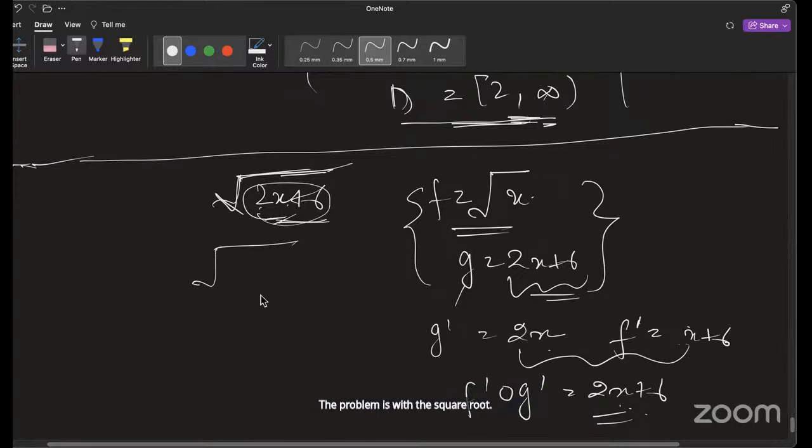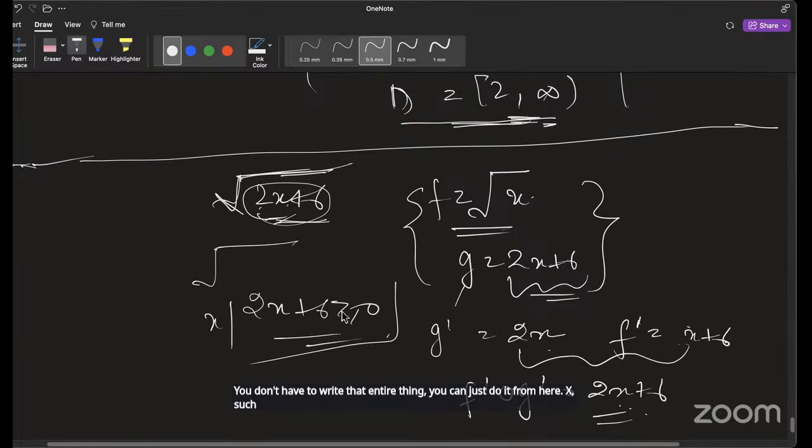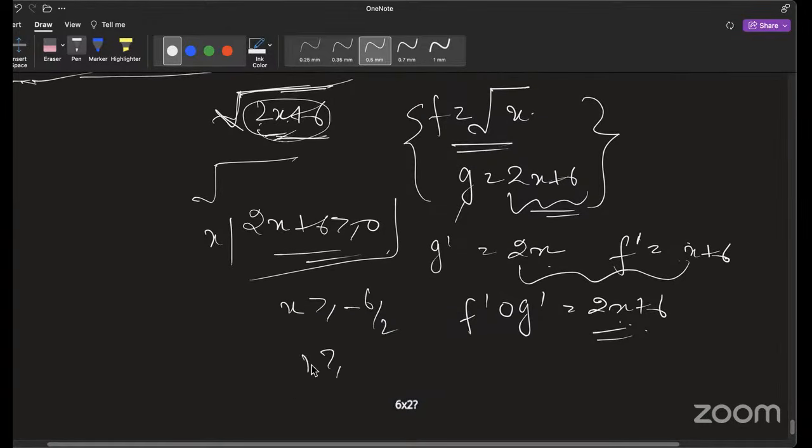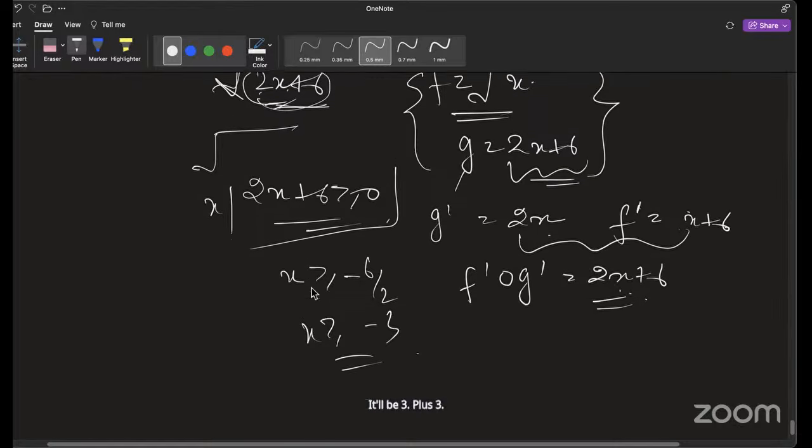So for f, you need 2x plus 6 to be greater than 0. You don't have to write that entire thing. You can just do it from here: x such that 2x plus 6 is greater than 0, because otherwise your root function is not defined. And from here you can get x greater than or equal to minus 6 by 2, which will be minus 3.